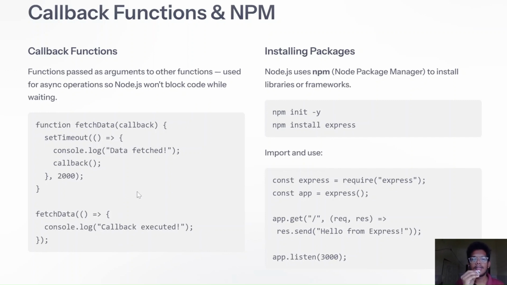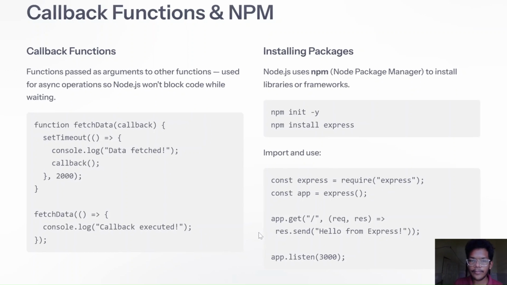And next up is how to install the necessary packages for Node.js. Simply we can open our terminal and run npm init and then npm install express. By using this, the necessary packages will be downloaded, or we can use this one.